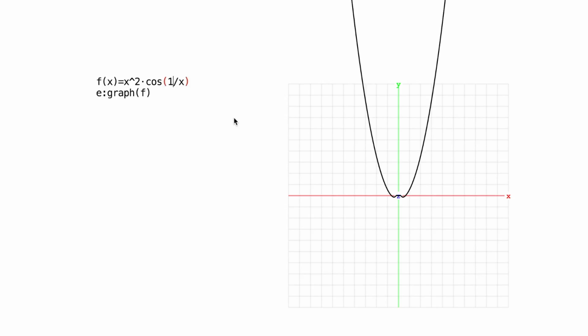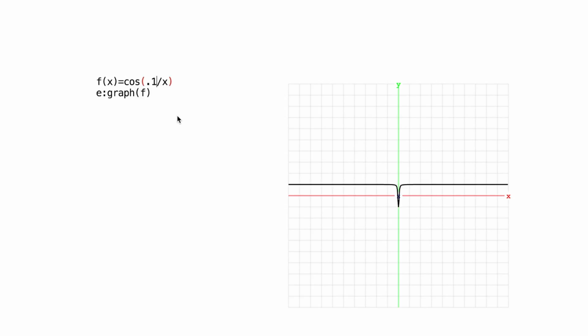And so I could even make this, let's make this get wavy faster. So we want 1 over 2x, oh, 2x here, yeah.